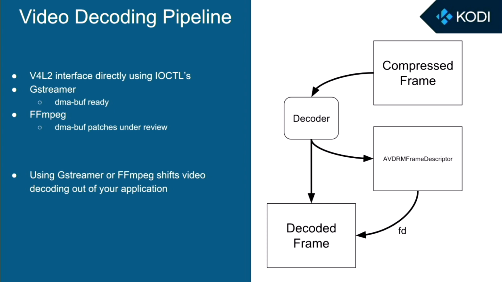So we take that file descriptor and put it in this little wrapper, and that file descriptor is just pointing at the decoded frame, and then that decoded frame can just sit in its memory space and stay there until we don't need it anymore. And it's a very basic overview, but that's more or less how it works and how it'll work on GStreamer and stuff as well.